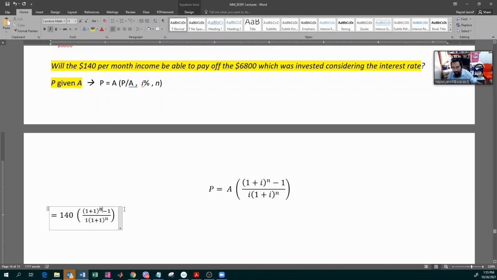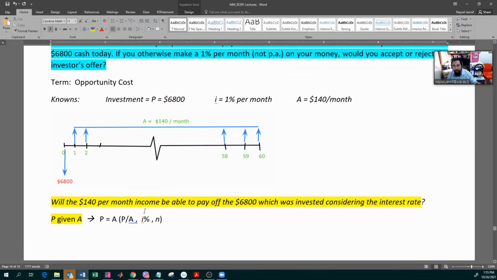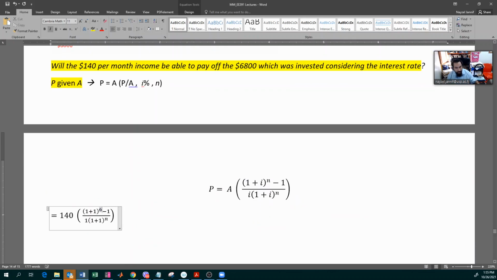What is our n? N was equal to how many months? 60 months. And what do we get?